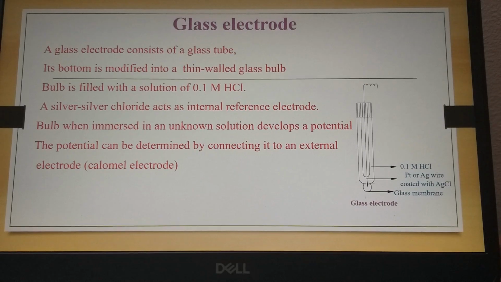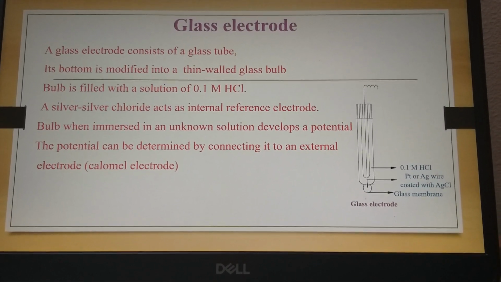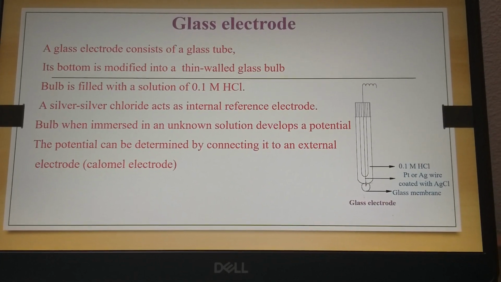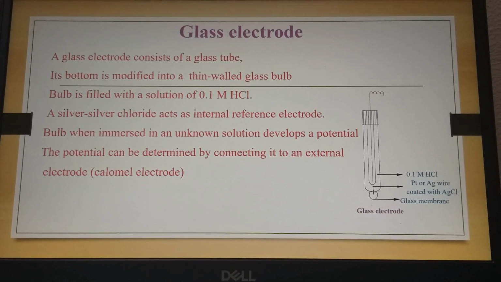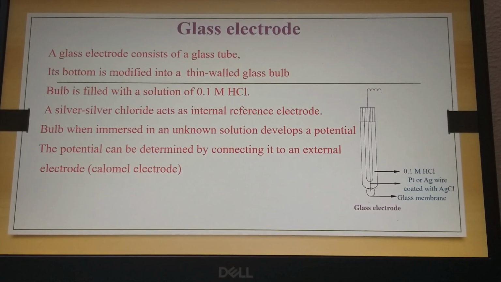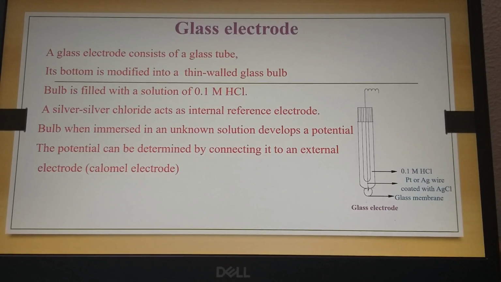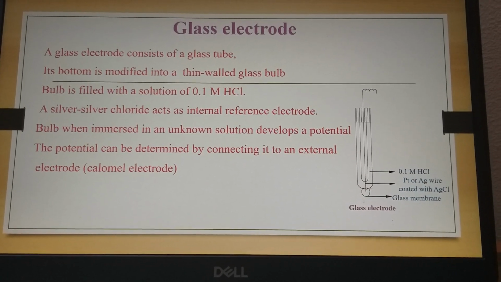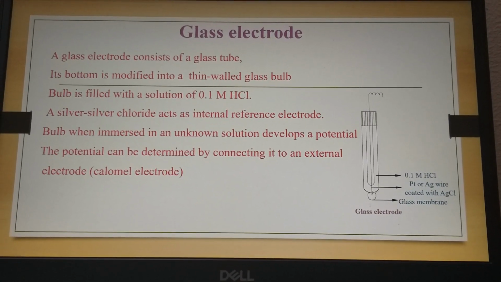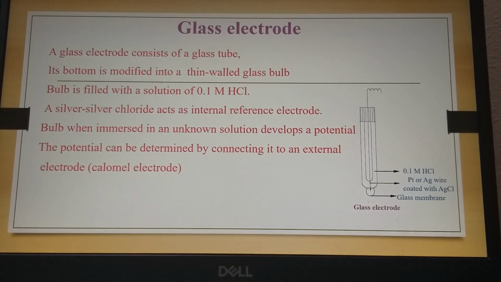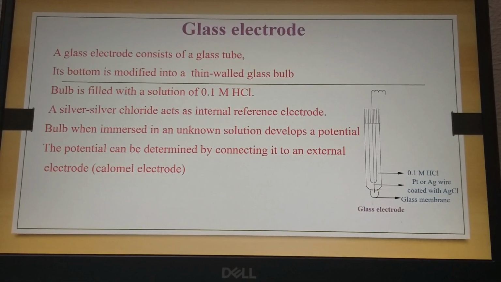It is made up of the internal electrode made of silver chloride, the internal electrolyte, which is 0.1 normal or 0.1 molar hydrochloric acid, because the normality and molarity of hydrochloric acid are the same, and the membrane, which is made of glass. The glass electrode, as the name suggests, is made of glass in the form of a small, narrow tube.